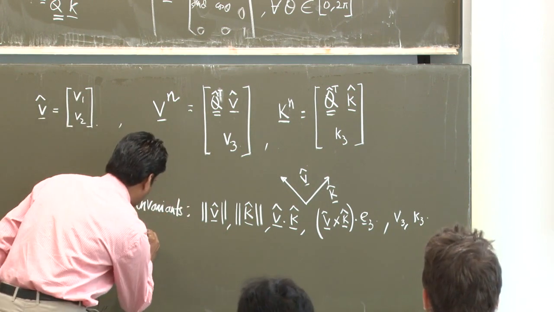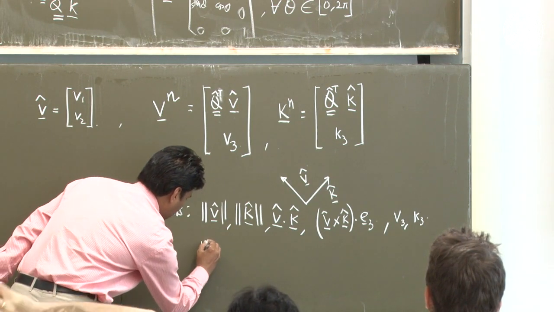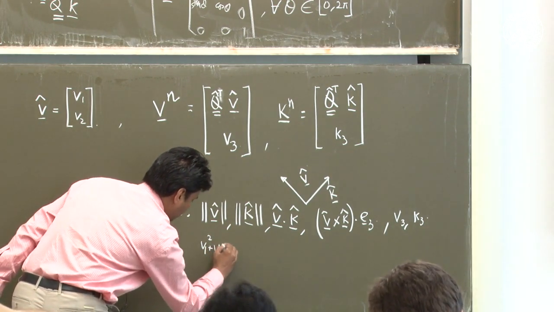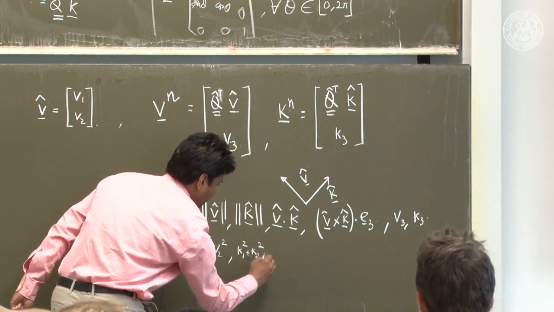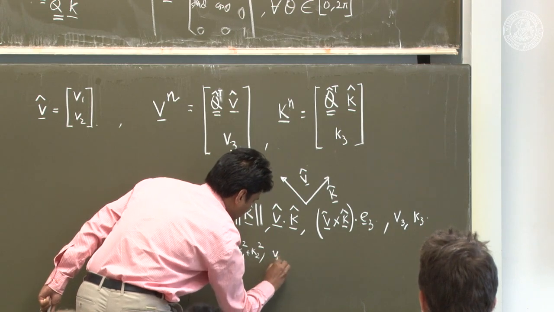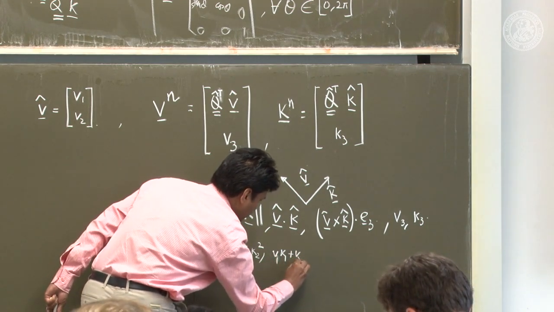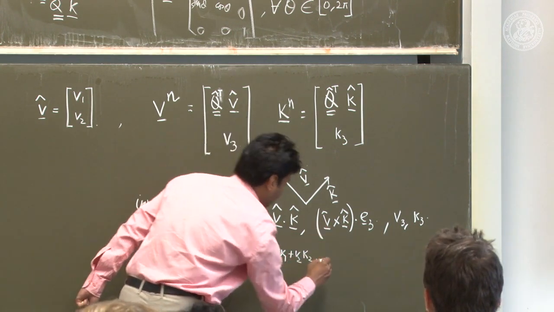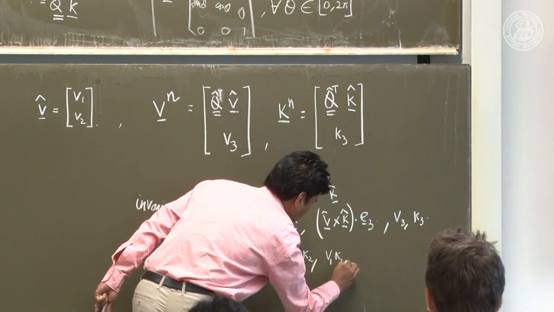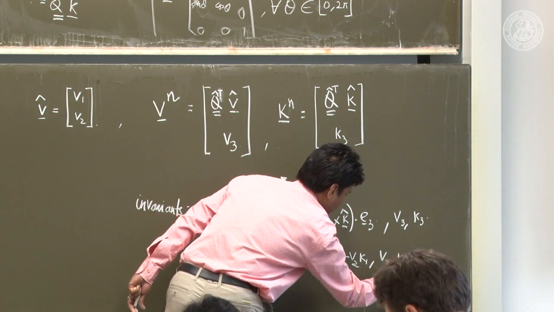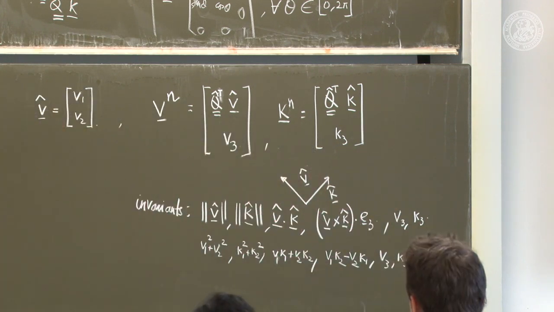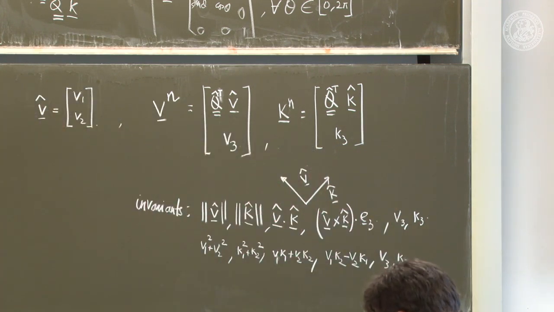And you could further write it down. So this is, for example, V1 square plus V2 square. This is K1 square plus K2 square. This is V1 K1 plus V2 K2, and this would be V1 K2 minus V2 K1, then V3, K3. So these are all the invariants if your symmetry group is SO2.